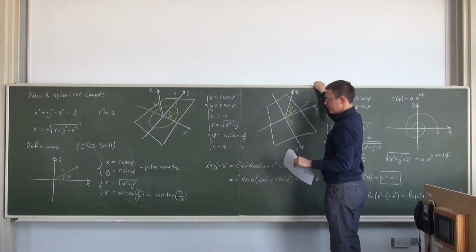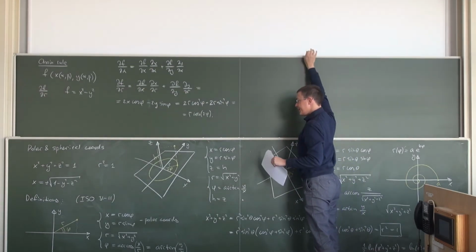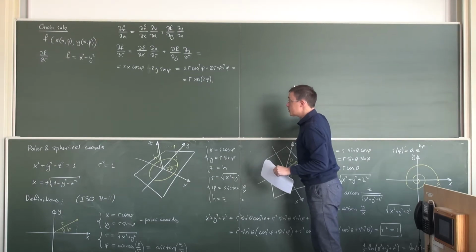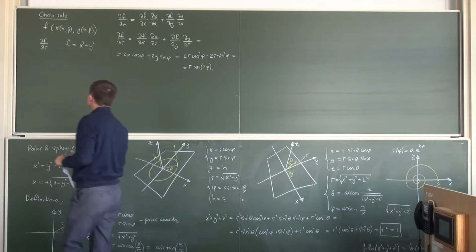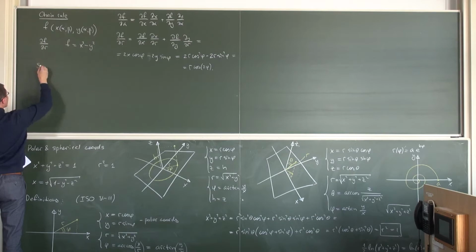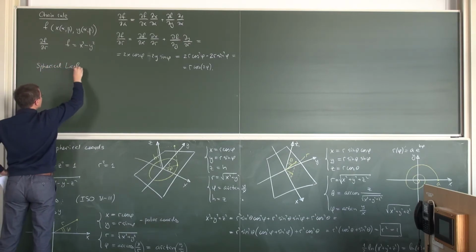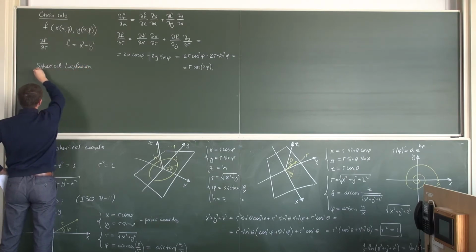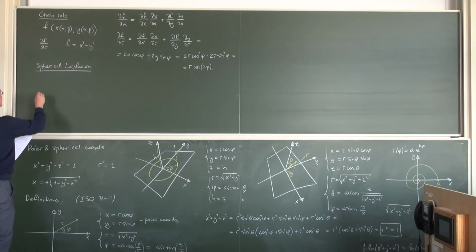And now we move to the topic where all of this infrastructure is being used in practice in chemistry, and that is the spherical Laplacian. So next item on the agenda, spherical Laplacian. Let me remind you of something from quantum mechanics about the energy of an electron in a hydrogen atom.